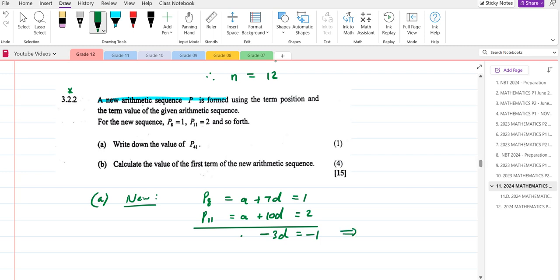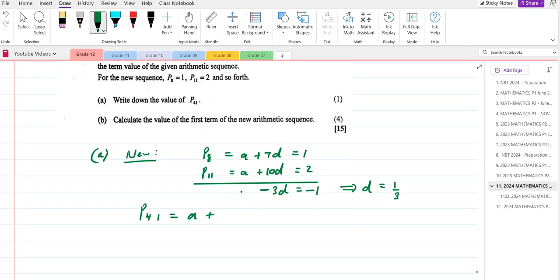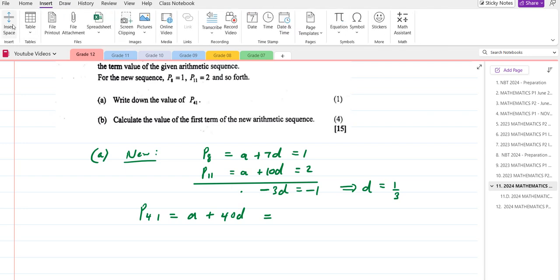This implies D is equal to minus 1 over minus 3, which is common difference is 1/3. So write down the value of P41. P41 is now equal to A plus 40D. A, what's the value of A here now? Because if the value of D is 1/3, what's the value of A?